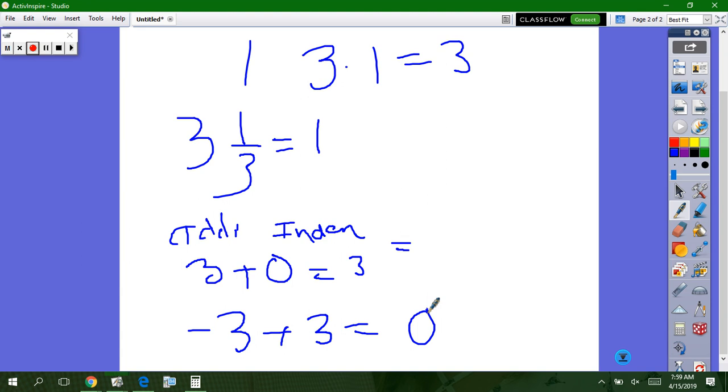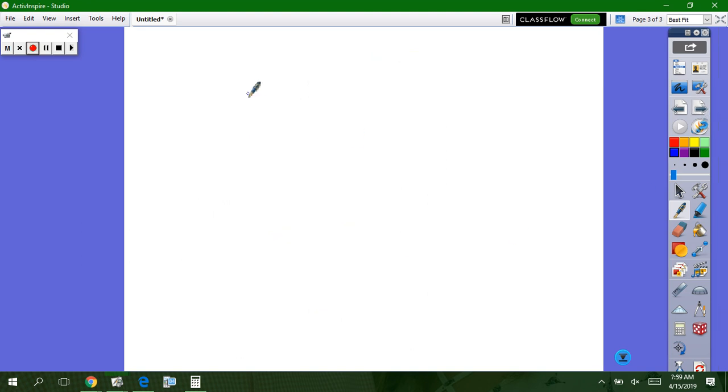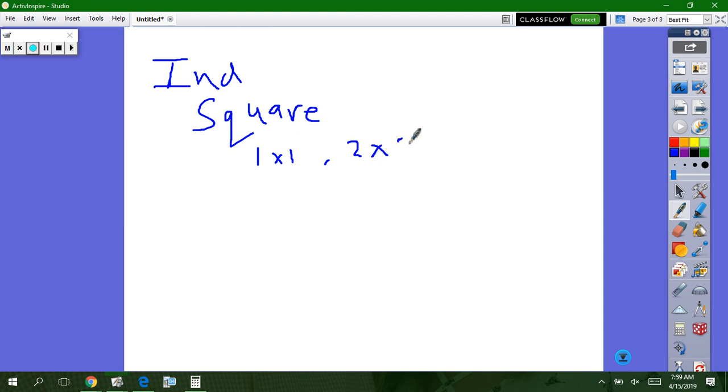All right. So now when we're talking about matrices, for a matrix to have an identity, it must be square, such as 1 by 1, 2 by 2, 3 by 3, and so on. Does that make sense? You cannot have an identity if it is not a square when we're talking about the multiplicative.